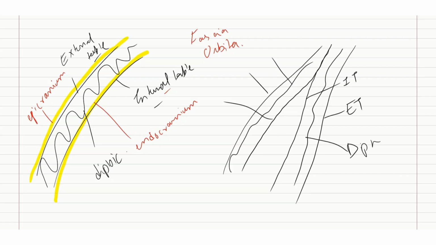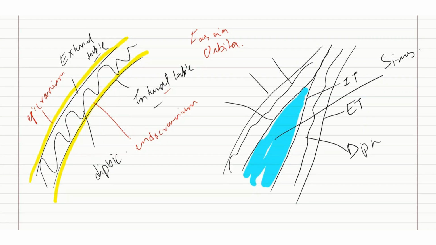This hollow space forms the sinus. The endocranium, which was covering the internal table, now becomes the mucoperiosteum.